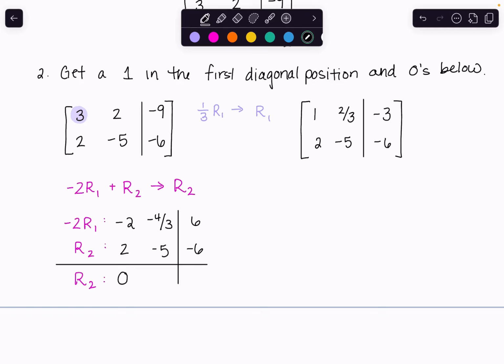And then if I do -4/3 minus 5, putting this in thirds is -15/3. So -4/3 gives us -19/3. And then 6 plus -6 gives me a 0. So this creates that equivalent matrix, which we've done nothing in the first row, but now I have a new second row.